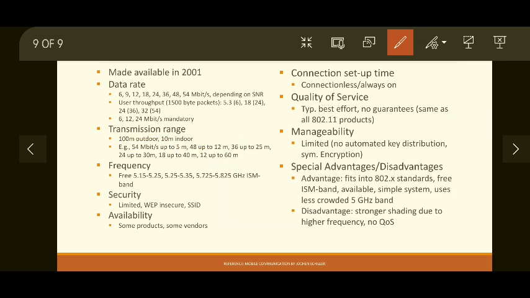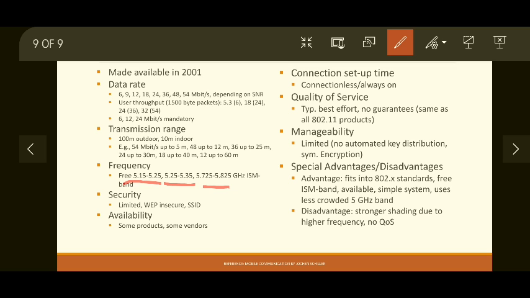Now, one of the flaws of 802.11b was the use of the ISM band. Now we are still using the ISM band, but the ISM band has another frequency range, in the 5 GHz. So the free ISM band in the 5 GHz is utilized: 5.15 to 5.25, 5.25 to 5.35 and 5.725 to 5.825 GHz.